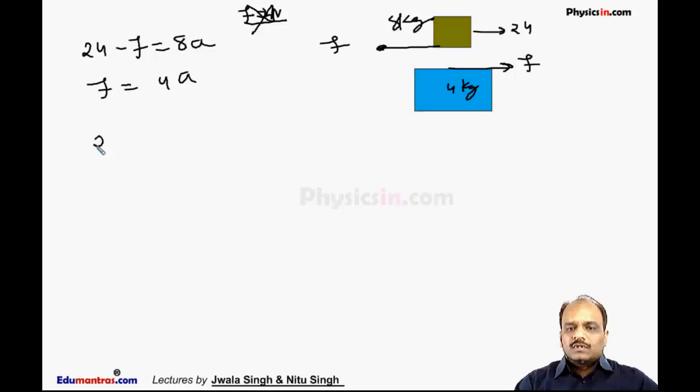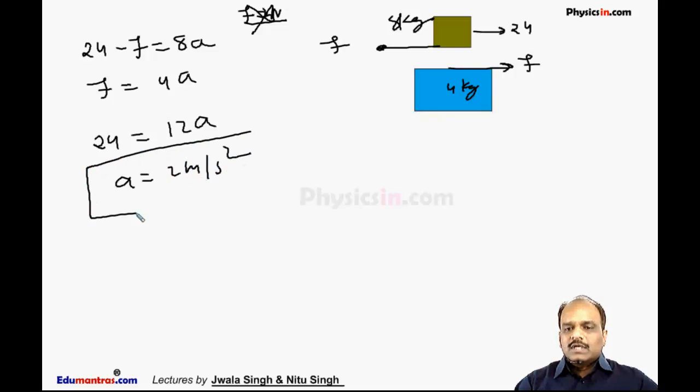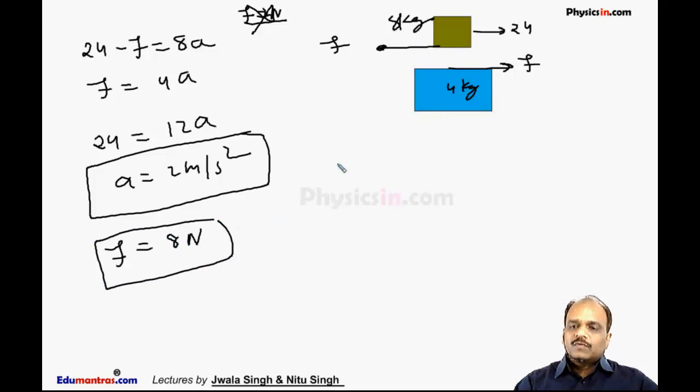So from here we can say 24 is equal to 12a, or a is equal to 2 meter per second square. This is the acceleration when these two blocks move together. Now if I calculate the actual friction force, the actual friction force is only 8 Newton. So the friction force between the 8 kg and 4 kg block is only 8 Newton.